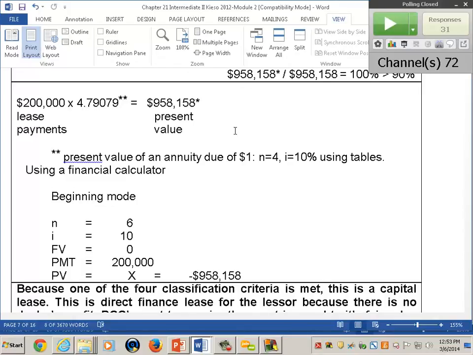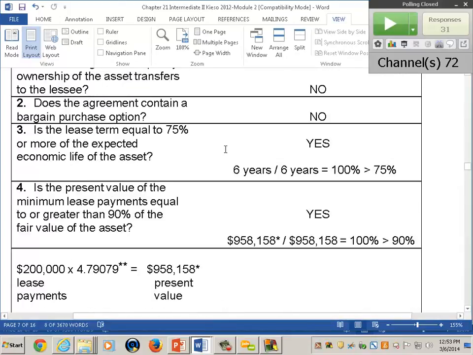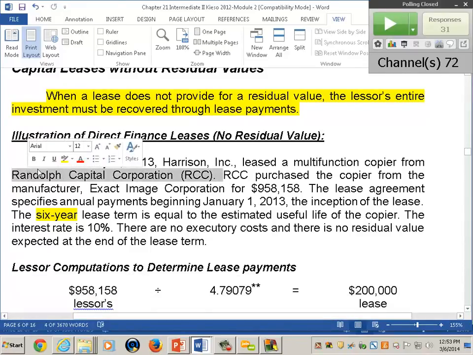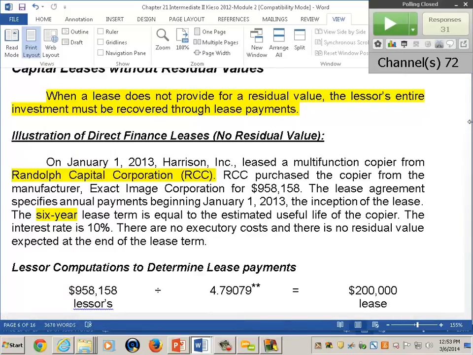Now, because there is no dealer profit, if you go back to the problem itself, they're leasing this from a financial service company, and the financial service company paid fair value for the asset. So this becomes a direct finance lease. There's no dealer profit.